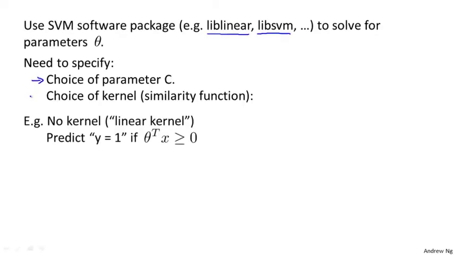So one choice might be if you decide not to use any kernel, and the idea of no kernel is also called a linear kernel. So if someone says, I use an SVM with a linear kernel, what that means is they use an SVM without using a kernel, a version of the SVM that just uses theta transpose x, right? That predicts 1 if theta 0 plus theta 1 x1 plus so on plus theta n xn is greater than or equal to 0.